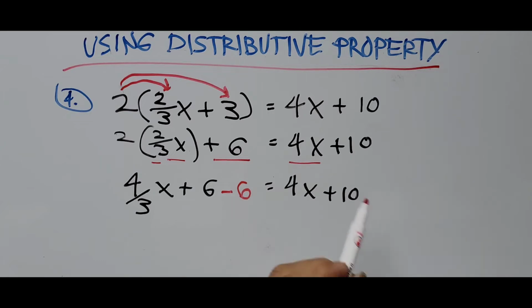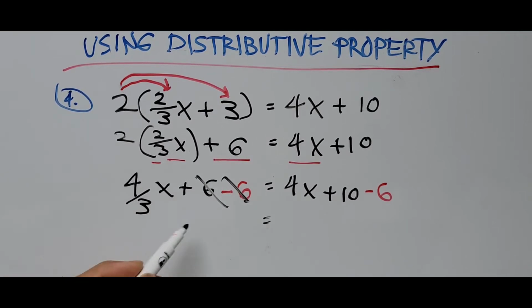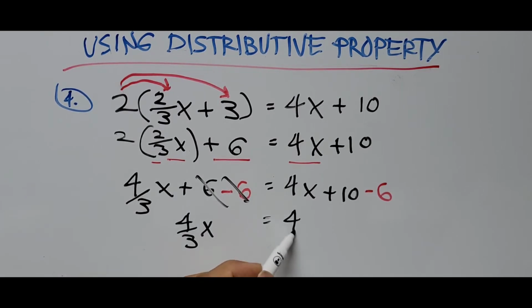The same thing, minus x over here, minus 6. So that cancels out. Then we have left now 4/3 x is equal to 4x. 10 minus 6 is 4.